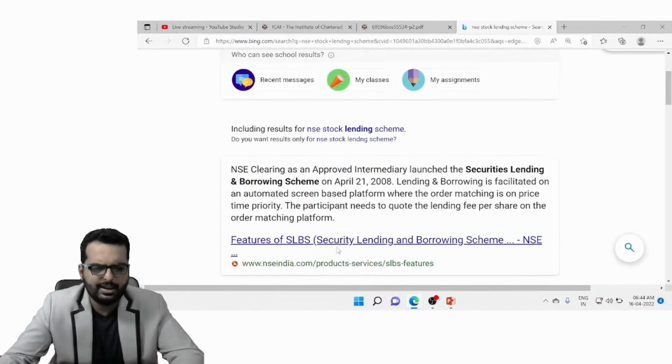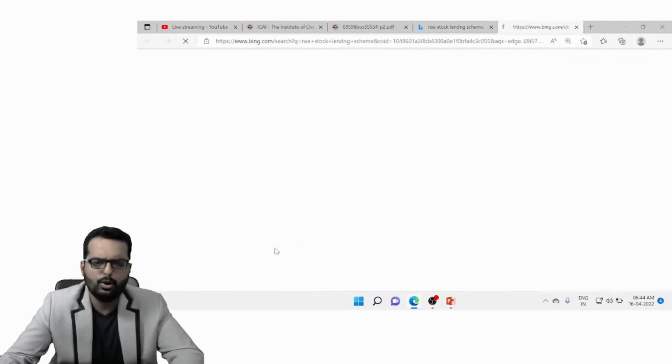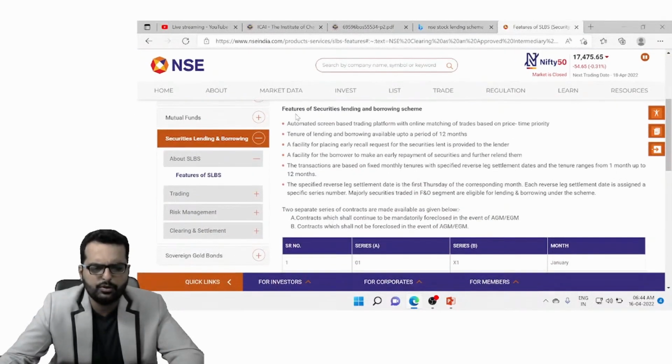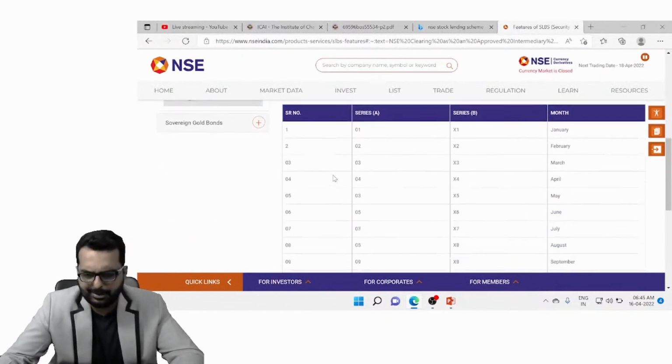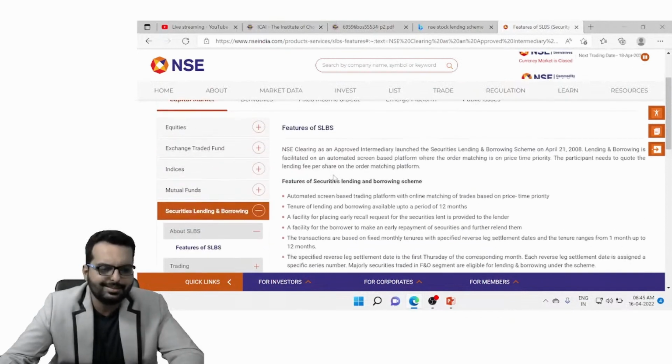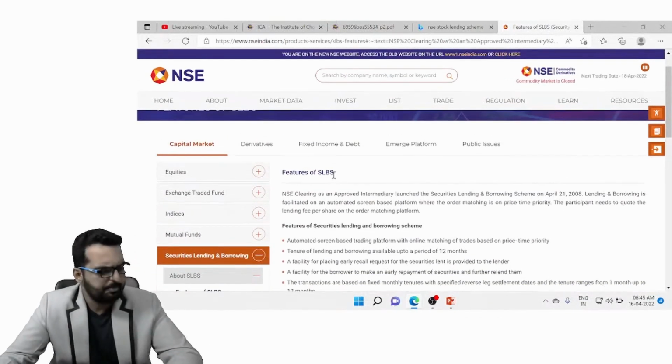Yes, securities lending and borrowing scheme. If you click over here and go to the NSE website, they'll give you the entire features of how you can do a stock lending scheme on a practical basis. All right. So the RTP question has come based on this securities lending scheme. I hope you are all clear with this point now, friends.